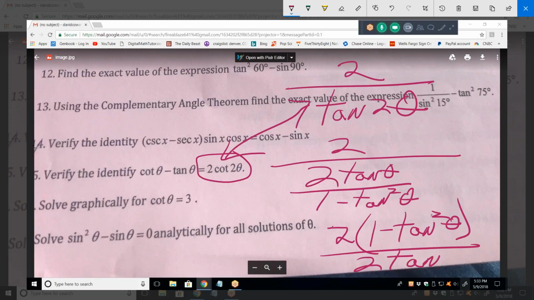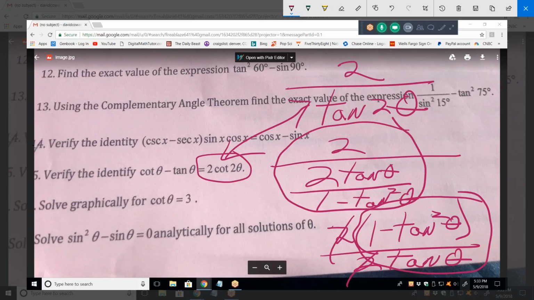The 2's cancel. So this is what the right side is equal to. I went from this step to the next step by reciprocating the denominator and multiplying. That's the way you divide by fractions. And that's all I did.